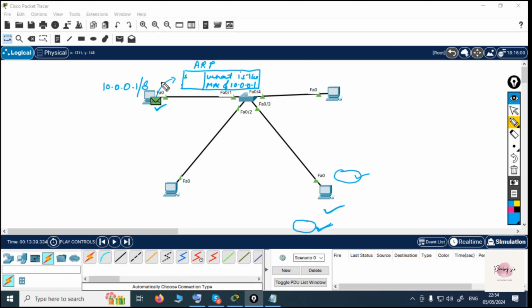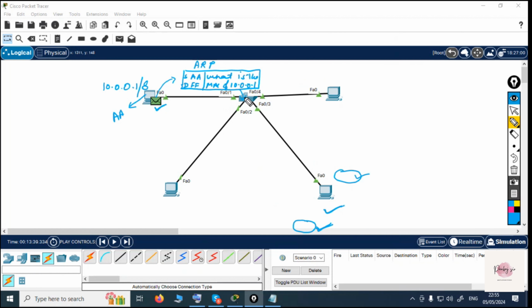The source MAC will be the MAC address of this PC. To keep it short, let me write AA as the MAC address of this PC. So the source is AA and the destination will be FFFF. It will be sent to all other devices.